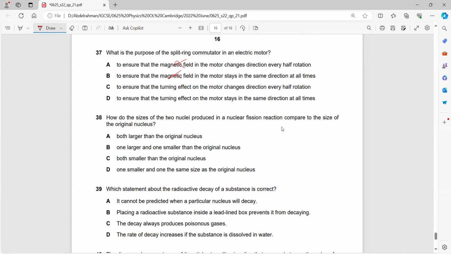But you need to ensure that the turning effect, the rotation of the motor, is in the same direction all the time.